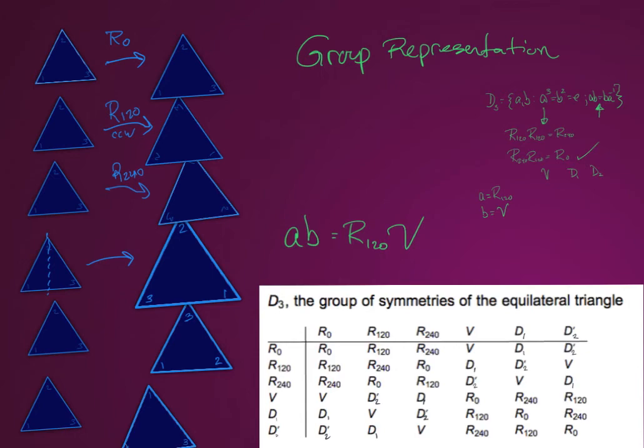Now we have to think about what the inverse of A is. So the inverse of A, what's going to get A back to the identity? Well, it's going to be R240. So A inverse we know is going to be R240. And so if we do B times A inverse, that's the same thing as V times R240.